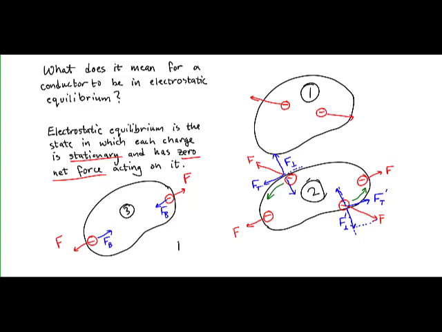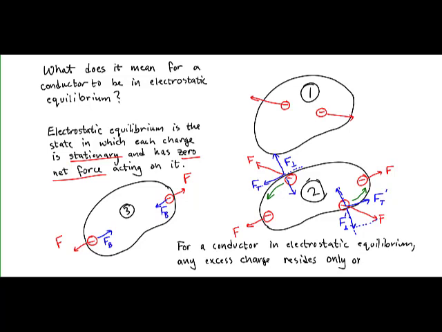So we can say that for a conductor in electrostatic equilibrium, excess charge, so we could say any net charge or any excess charge, resides only on the surface.